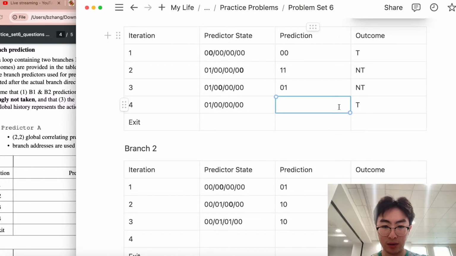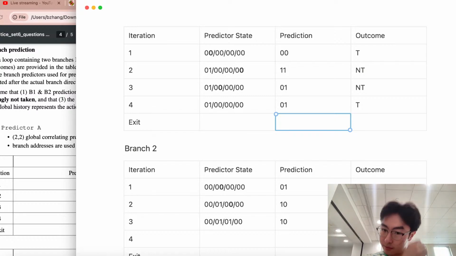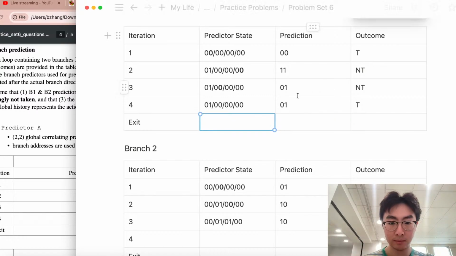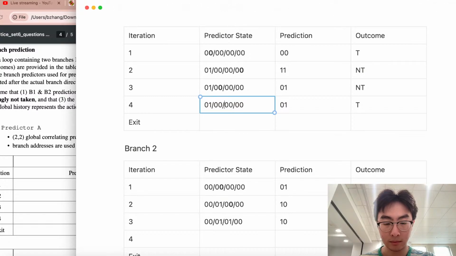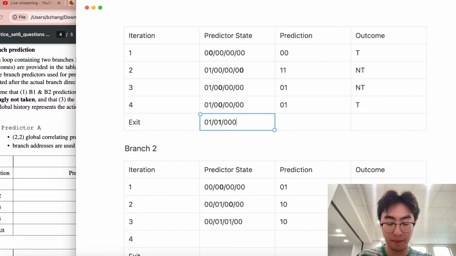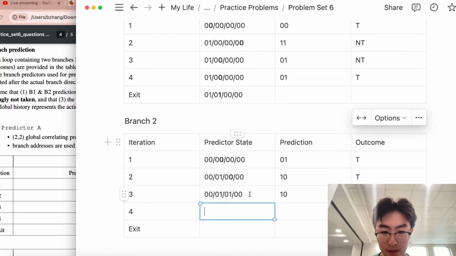So it will be also 0, 1. Okay. And so our final predictor state will be 0, 0, 0, 0. Okay, I think this is the right way to think about it.